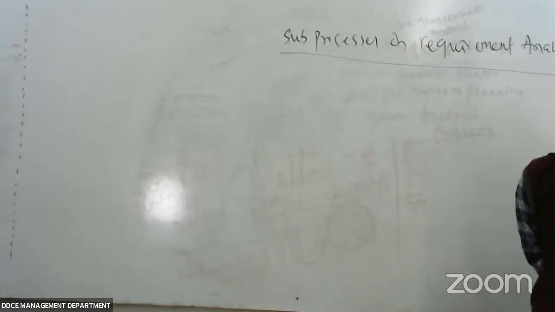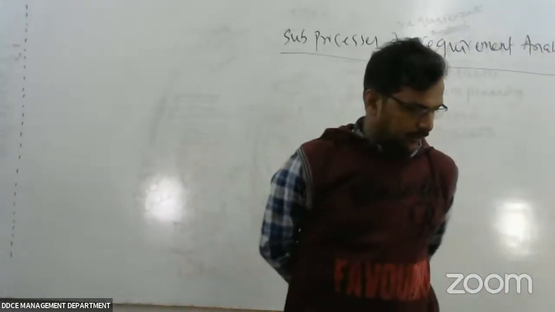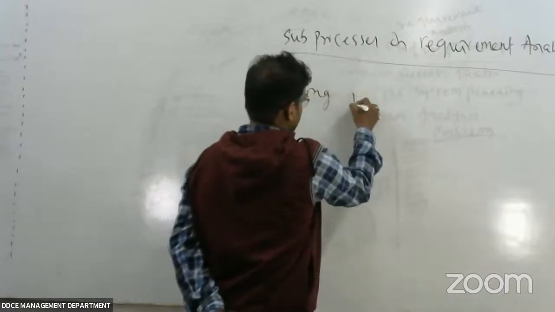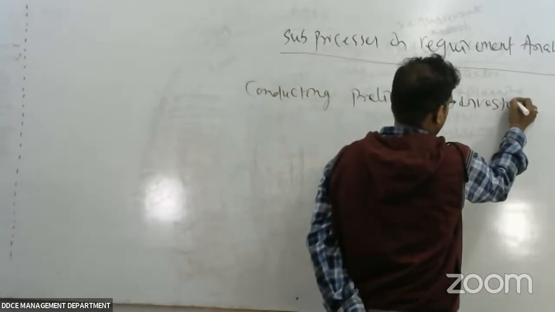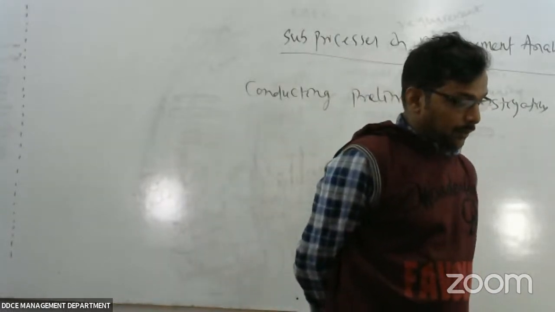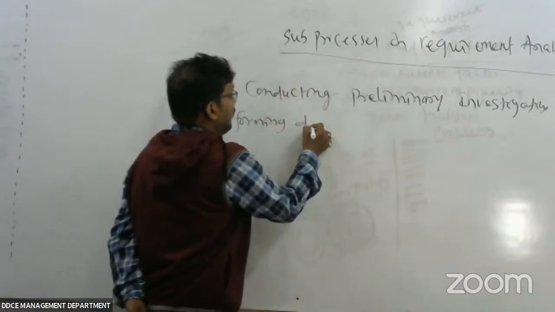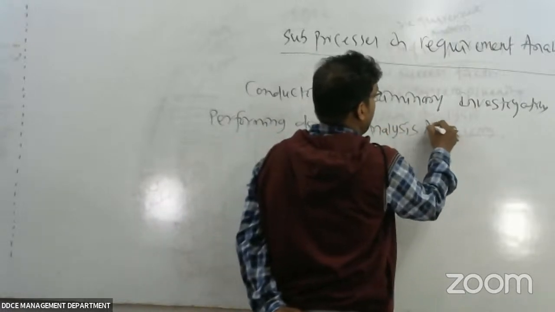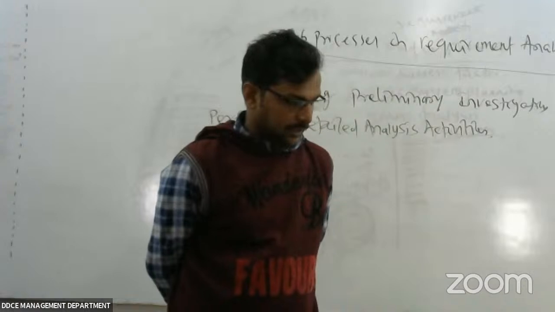Sub processes in requirement analysis. What will we do? What are the sub processes? First is conducting preliminary investigation. Performing detailed analysis activities.